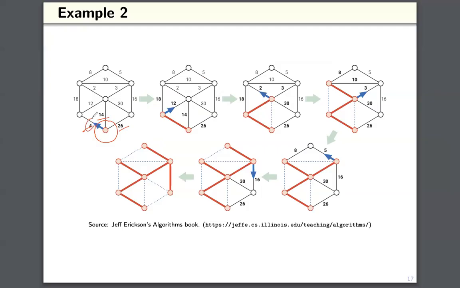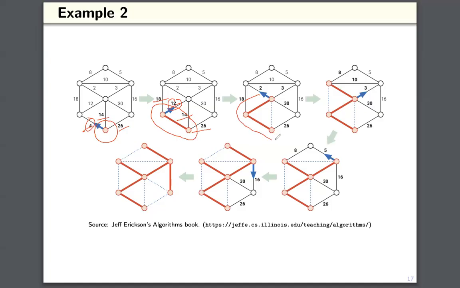What is the min? 4. So choose 4 inside the tree. Now your tree is this. Look at all the edges, 18, 12, 14, 26. So can you tell me which is the shortest edge? 12. So pull in this edge 12 into the tree.